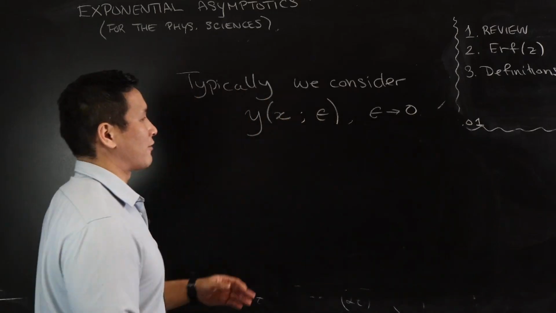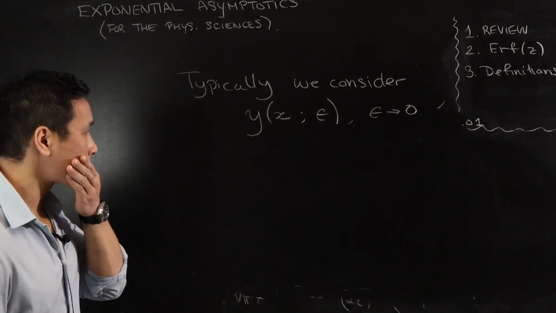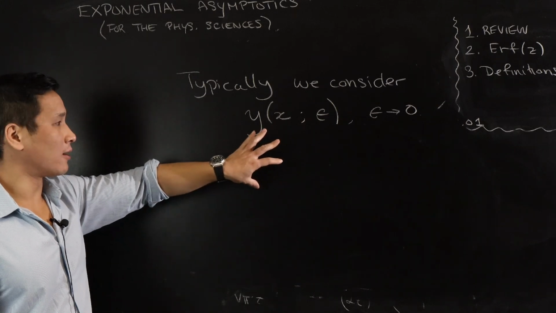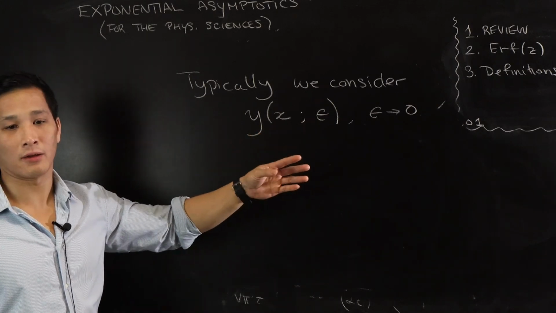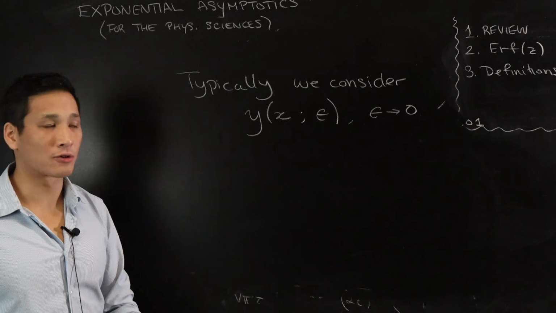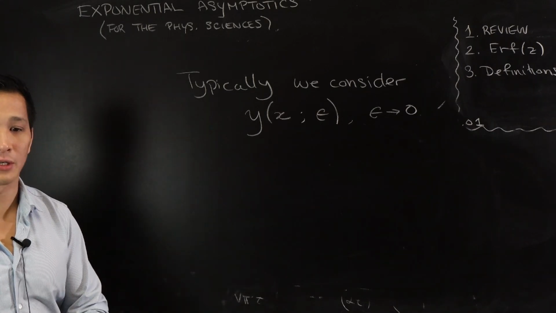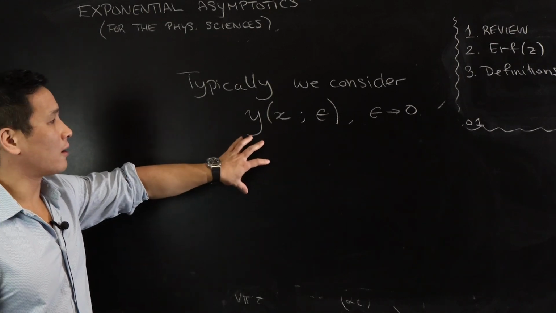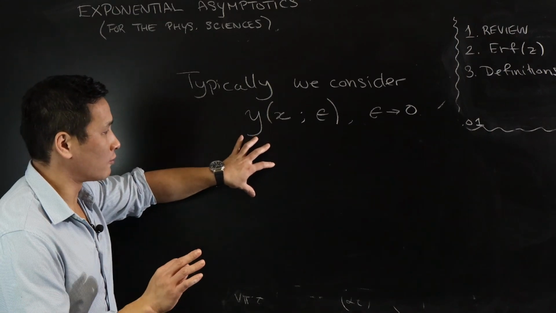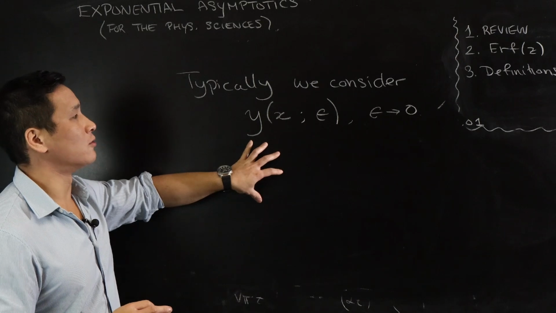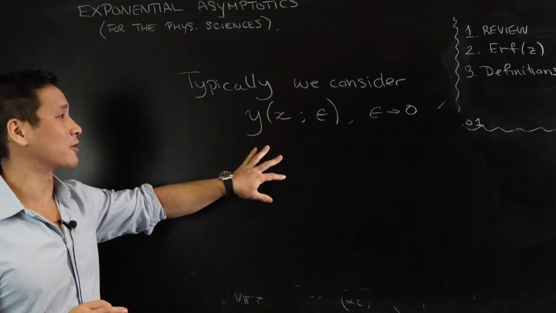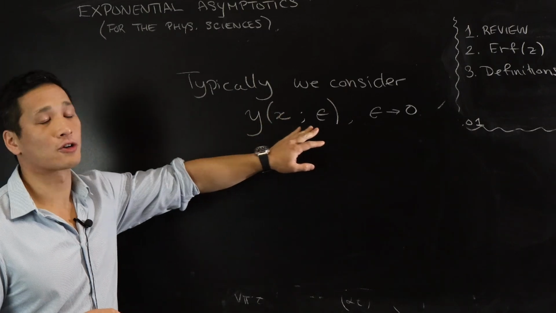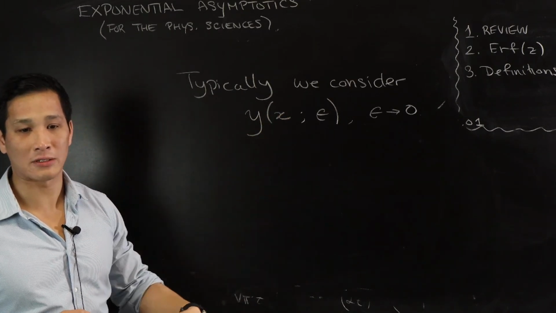Or I can have a parameter which also tends to infinity. Okay? And I think of this problem as being governed usually by a differential equation or by an integral equation or a partial differential equation, etc. The other way of doing it is to do non-parametric asymptotic approximations where you don't have a domain parameter and it's just y as a function of a parameter which tends to 0 or which tends to infinity.